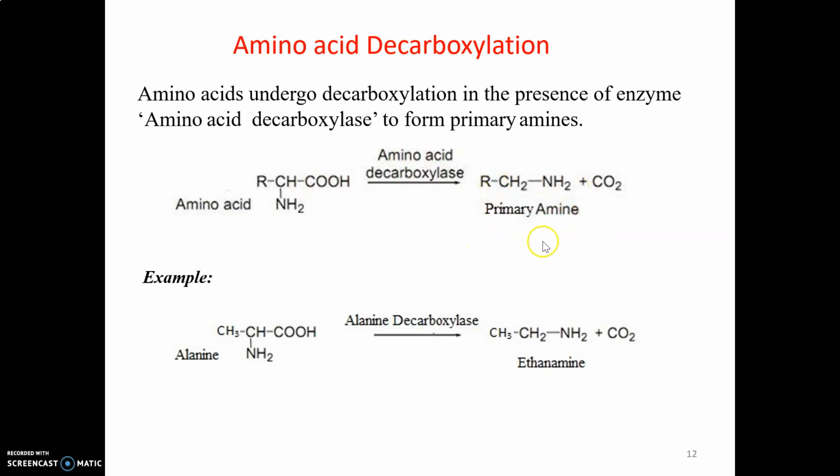The importance of this decarboxylation is that the amines we get here are physiologically active amines, and many of them are neurotransmitters. So you should know the examples for decarboxylation. Amino acids undergo decarboxylation in the presence of the enzyme amino acid decarboxylase to form primary amines.